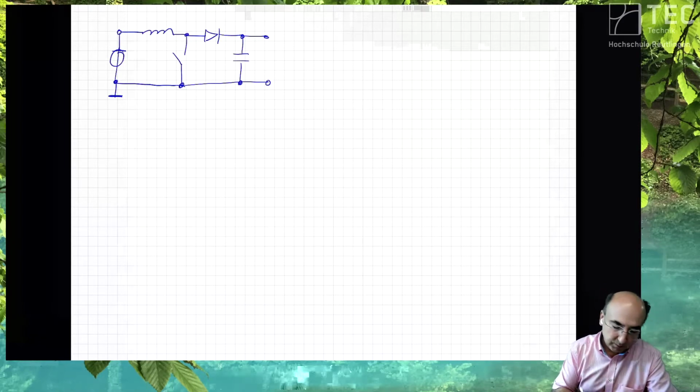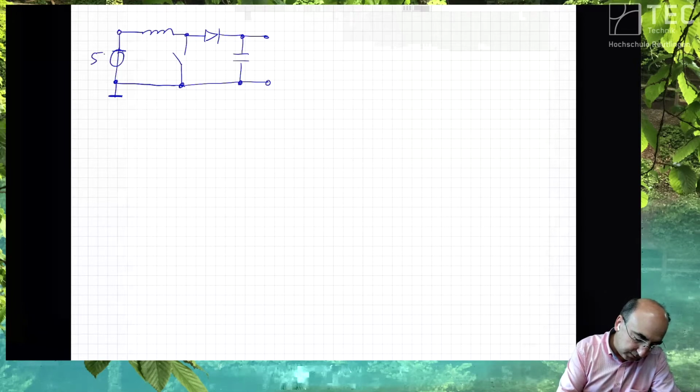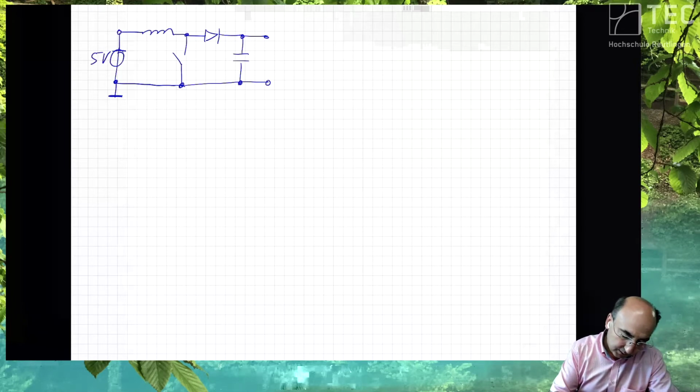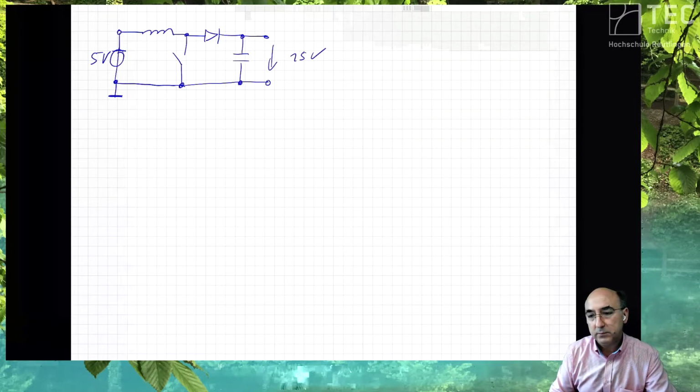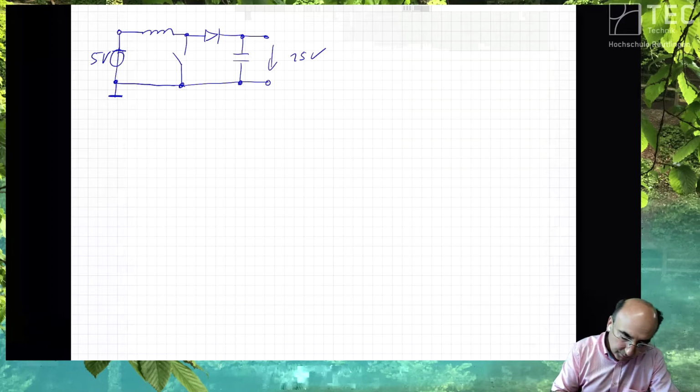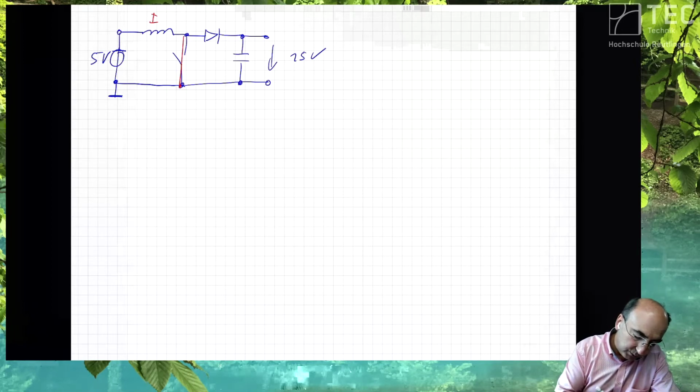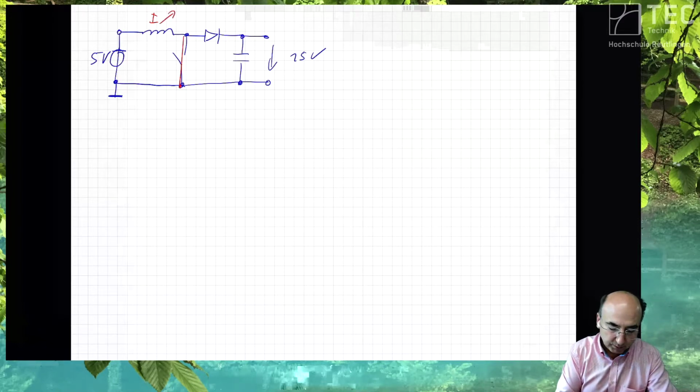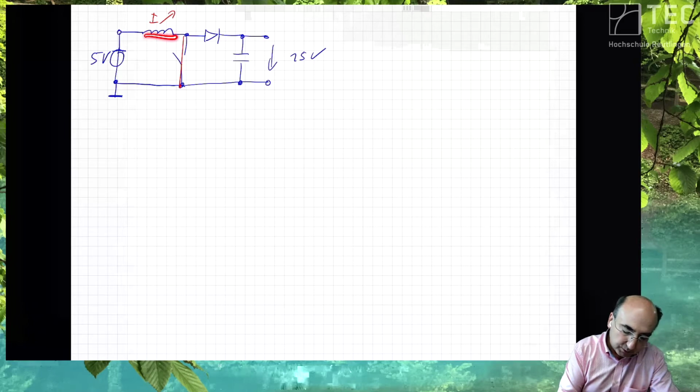What does it do? If you have here, let's say 5 volt, you can have here, let's say 15 volt. And how does it work? If you switch on the transistor, then the current through the inductor increases because the inductor integrates the voltage, and the result is the current.